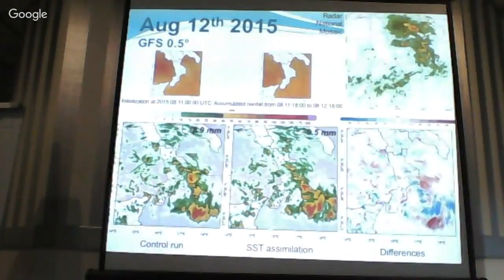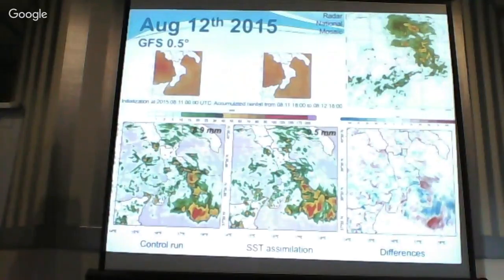I go very quickly. We have this national radar mosaic that confirms that in Calabria we have only one relevant event close to the Corigliano rain gauge station and something else over the sea. For each of the slides you are going to see a control run precipitation field, an SST assimilated precipitation field, and the differences.